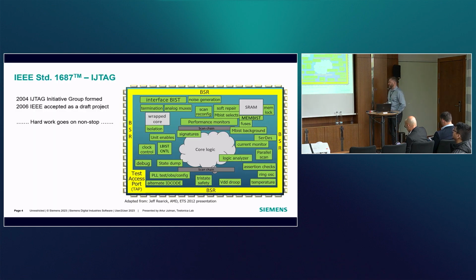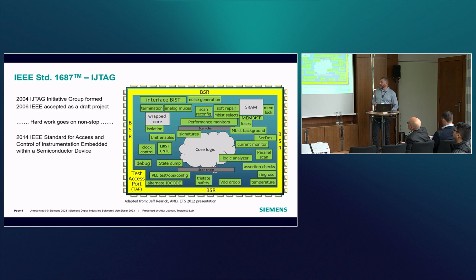Most of you, of course, know about the 1687 standard. It started 20 years ago when an initiative group gathered in 2004, and afterwards there was hard work ongoing for 10 years until in 2014 the standard was finally accepted.